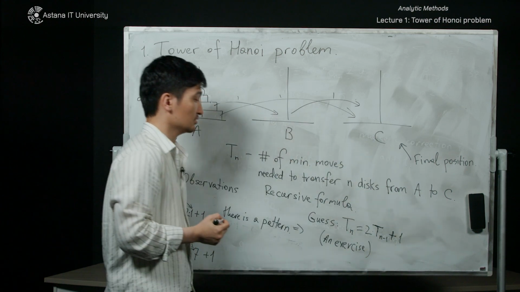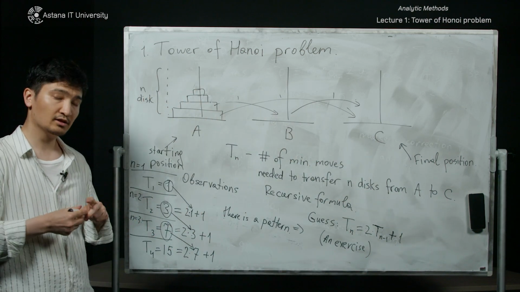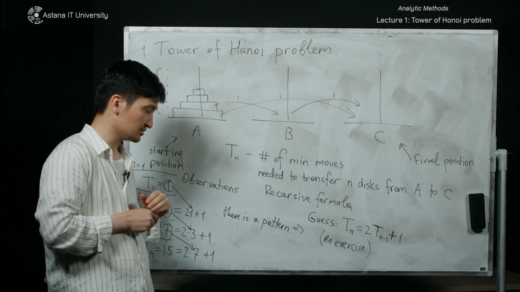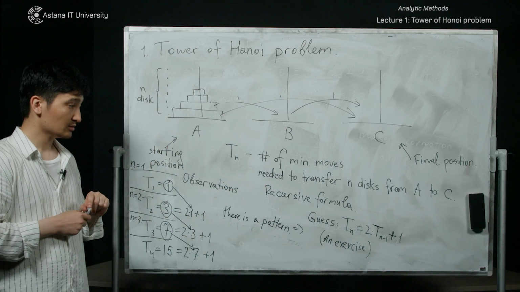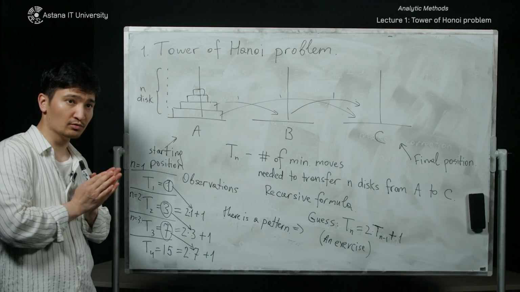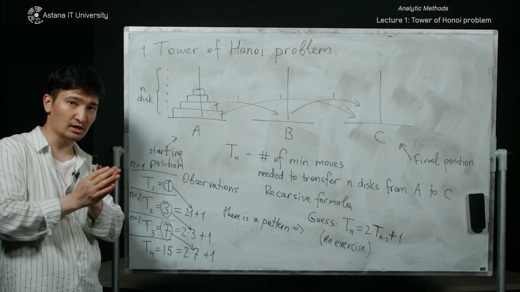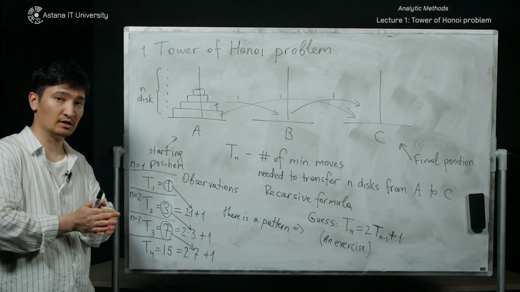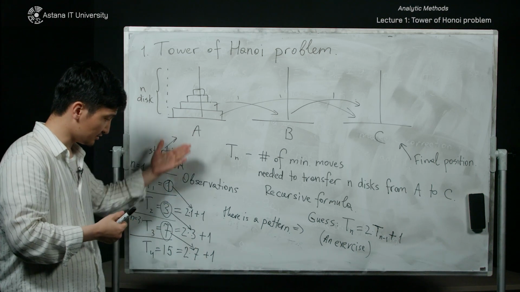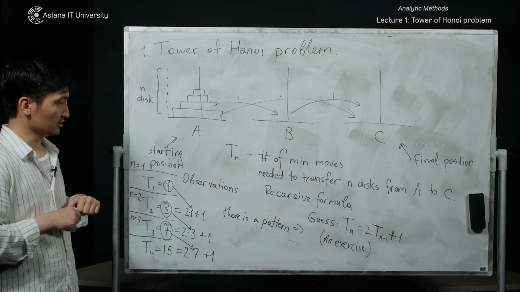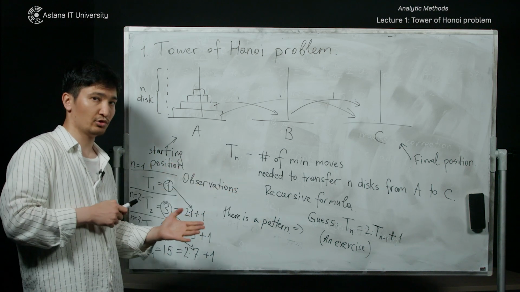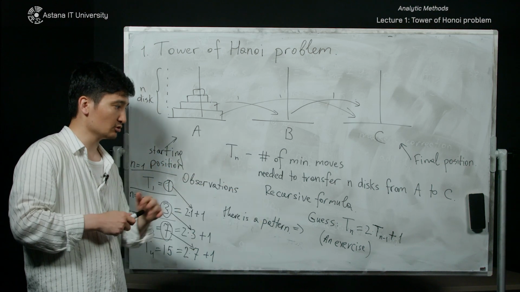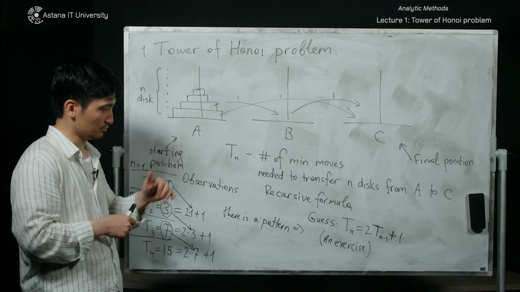Right now, we're going to assume that this is proven. What I want to do is prove the closed form. But before that, I want to also derive the closed form, basing on a similar approach. This is how we derived, or basically guessed, the recursive function for the Tower of Hanoi problem.